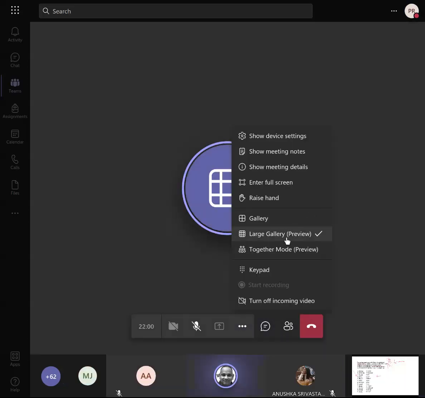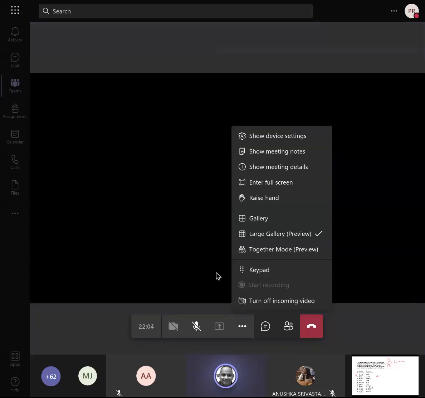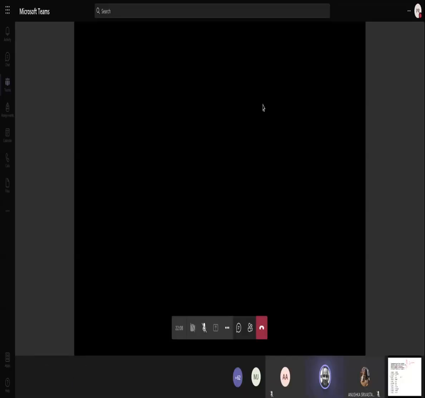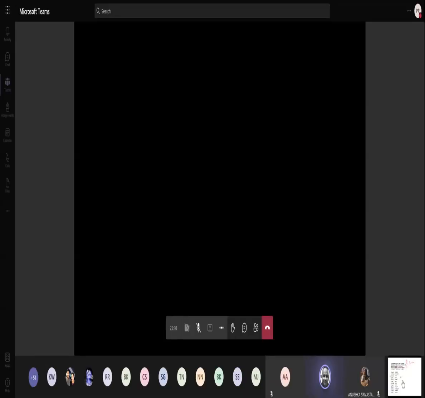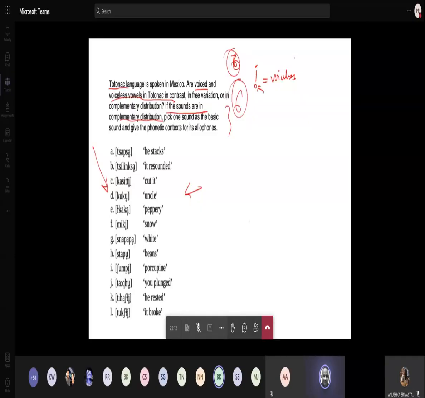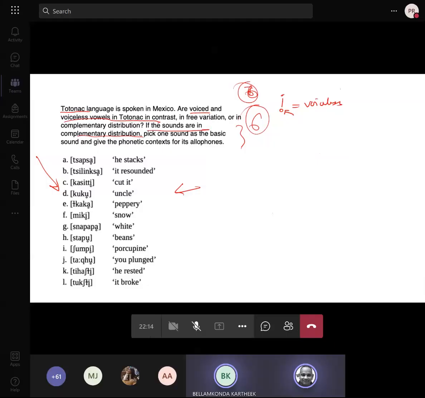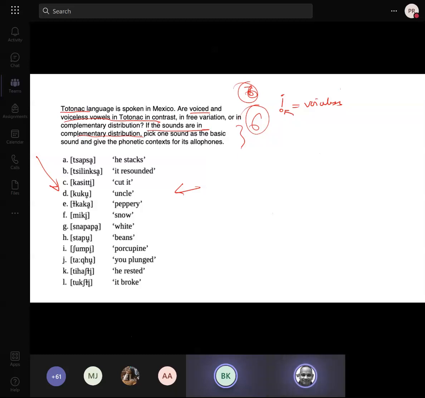Okay, so those of you who are trying to solve this problem, can you tell me how you are approaching the problem now? Sir, I think it is in complementary distribution. Voiceless vowels are occurring only at the end of the word. That's all. Fine.